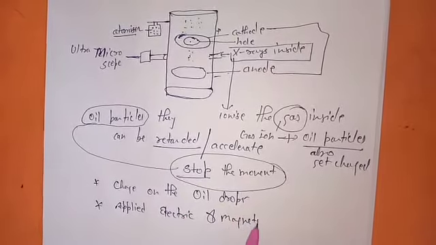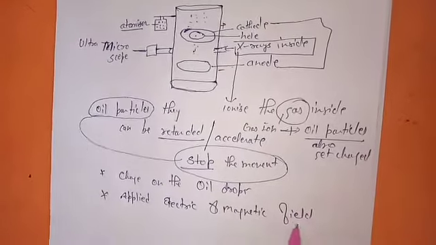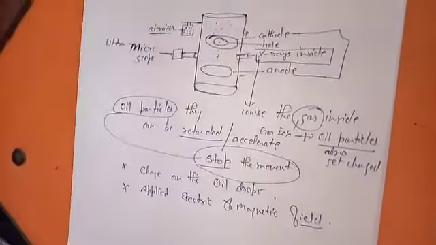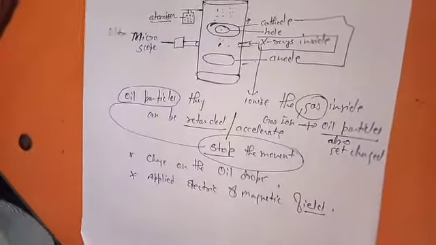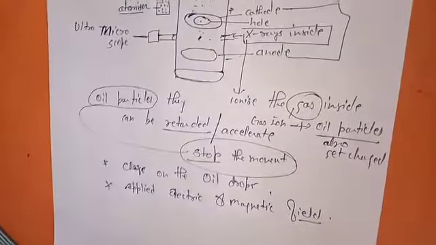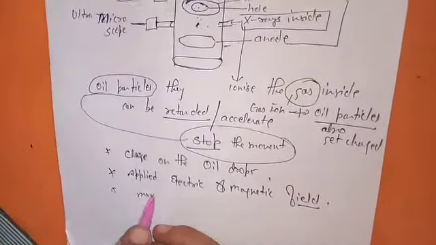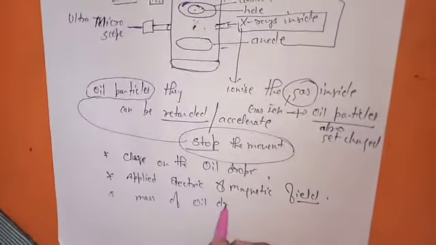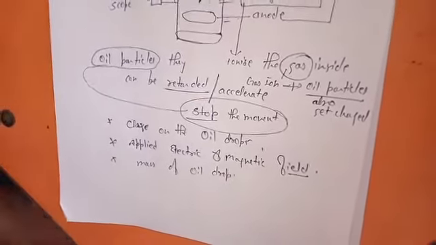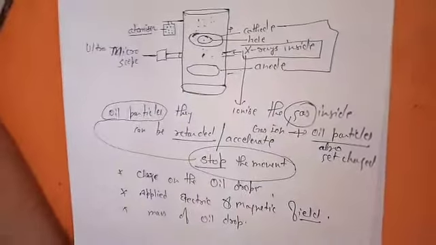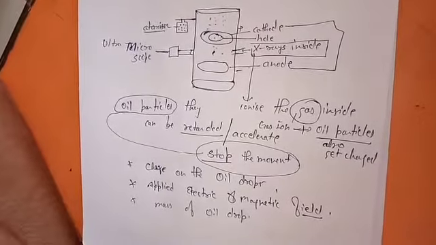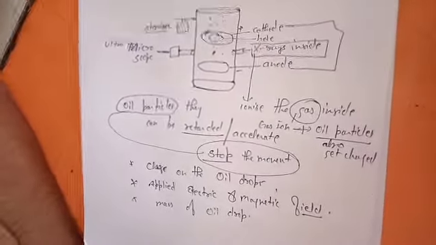These are the two things which govern the movement, whether it is accelerated, retarded, or you just hang the oil drop in between, stopping the movement by attractive forces. Another thing is the mass of the oil drop as well, because gravity depends on weight, that is mg, the force under which the oil particles come down. By balancing them, we can easily calculate the charge on the electron.